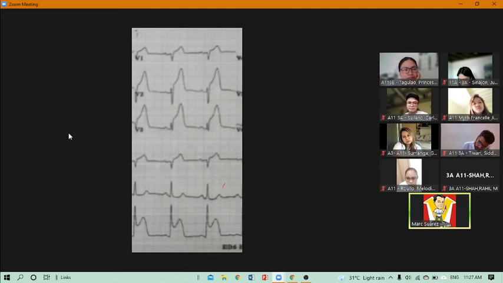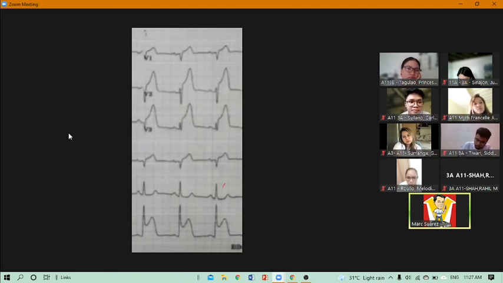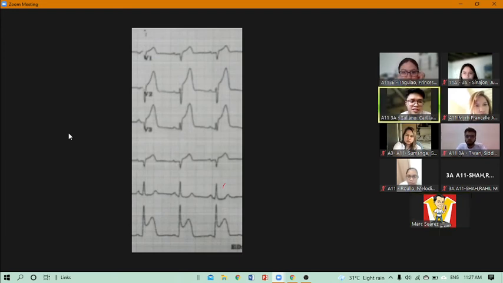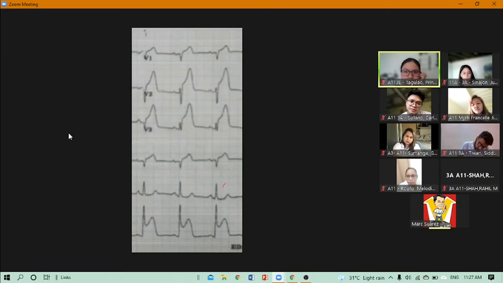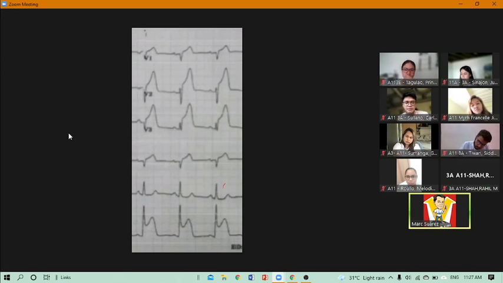Is there an ST elevation in V1? Yes, Doc. So the J point. Okay, hold on. What we have here for everyone to understand in V1: is there a Q wave?